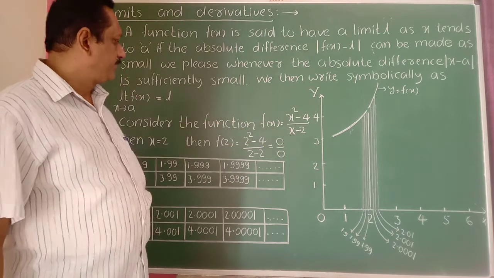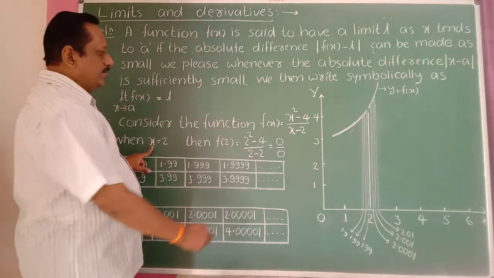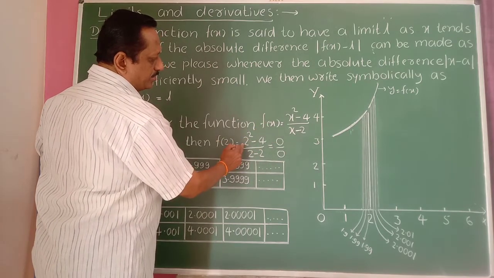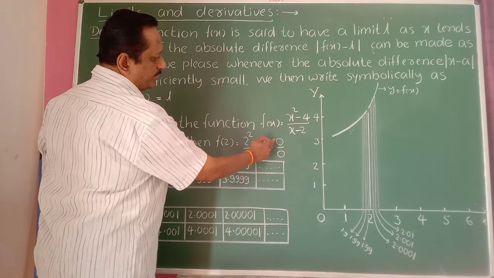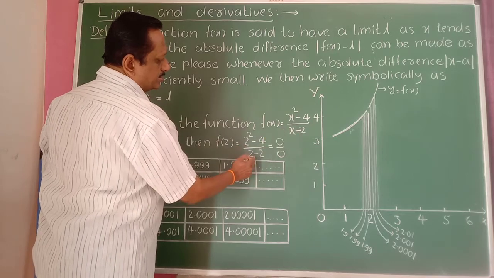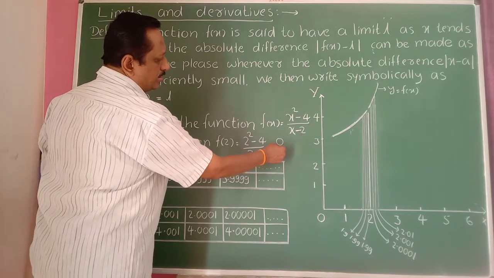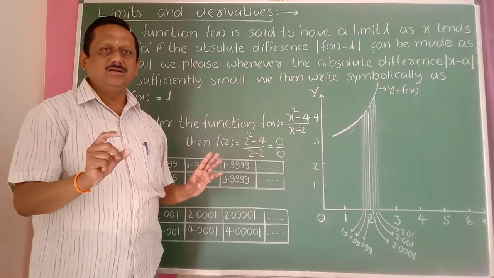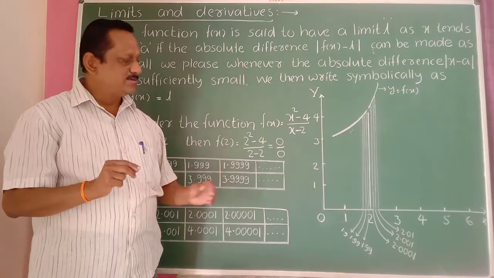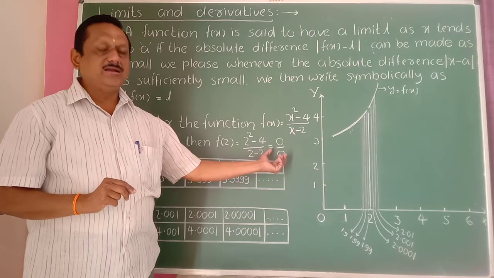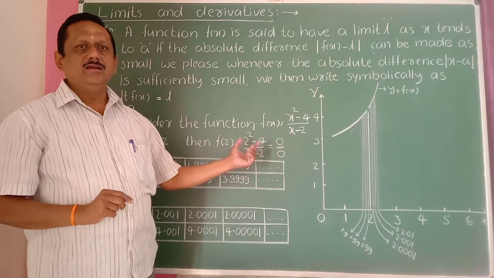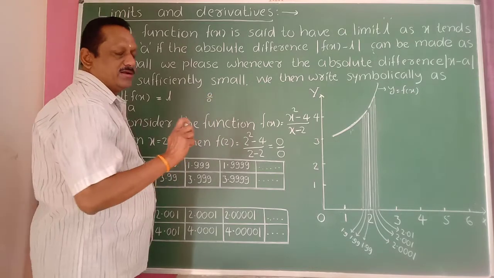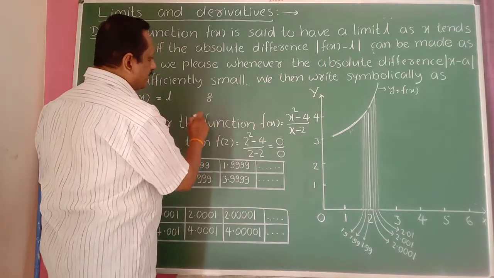Suppose we substitute x equal to 2, then we get 2 square, 4, 4 minus 4 becomes 0 and 2 minus 2 becomes 0. So 0 upon 0 is not a particular number. Hence it is said to be an indeterminate form.